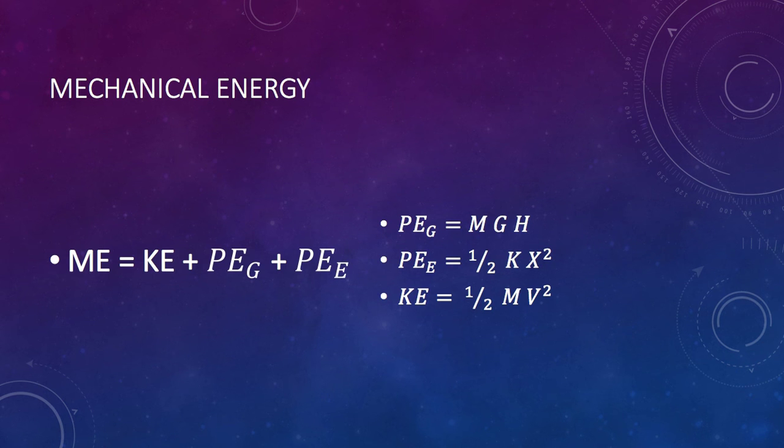Mechanical energy will combine the three forms of energy that we have already discussed, both types of potential and also kinetic. Here we have a general structure of mechanical energy and its components in their original forms.